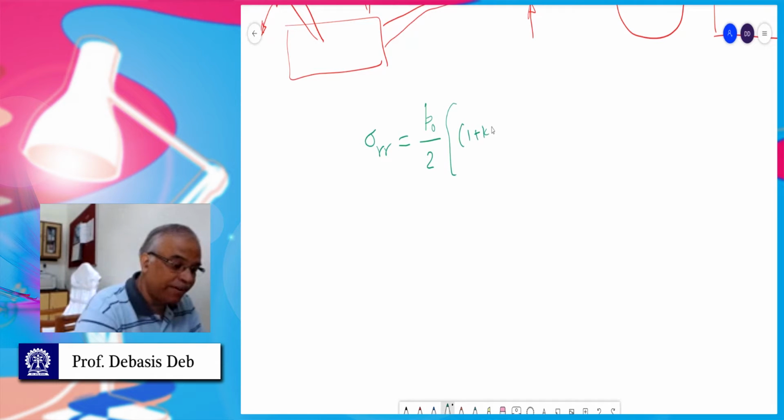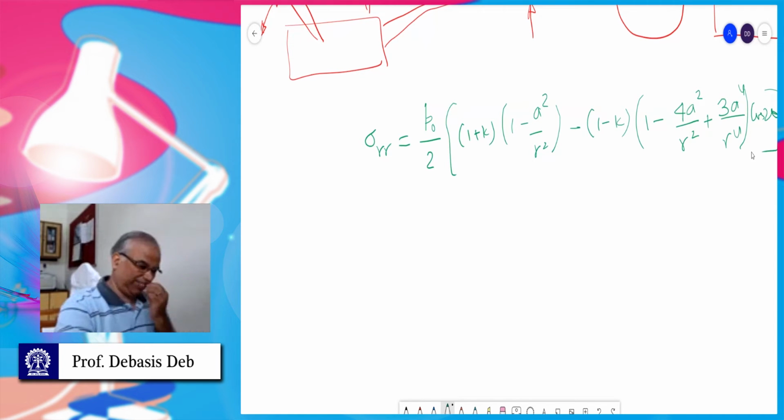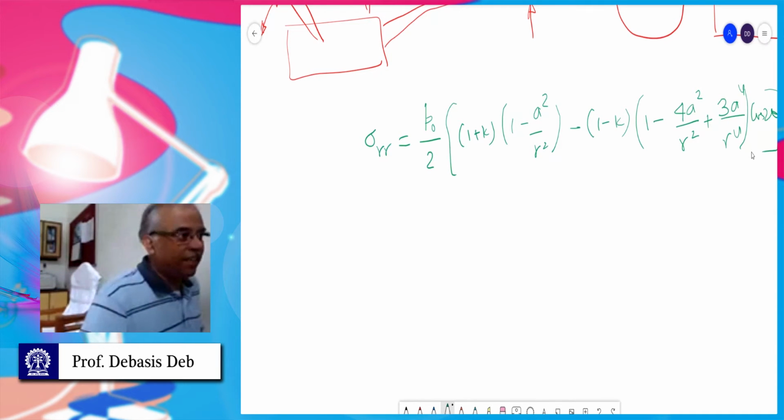P naught by 2 into 1 plus K times 1 minus a square by r square, minus 1 minus K times 1 minus 4 a square by r square plus 3 a to the power 4 by r to the power 4, cos 2 theta. Do you remember this equation?